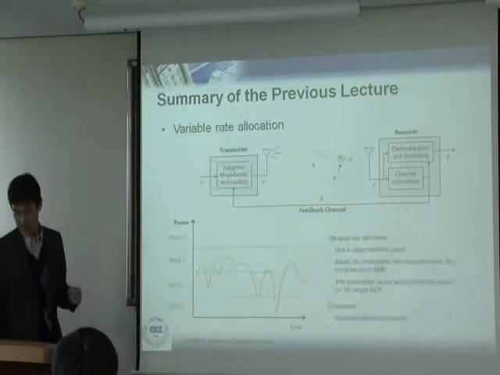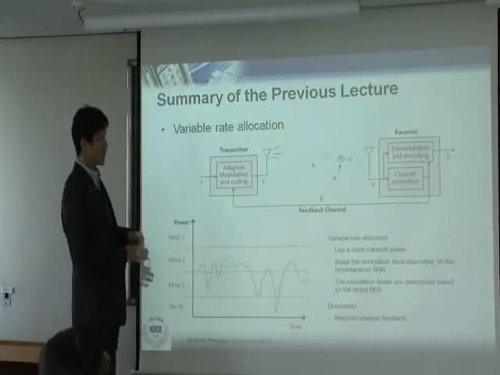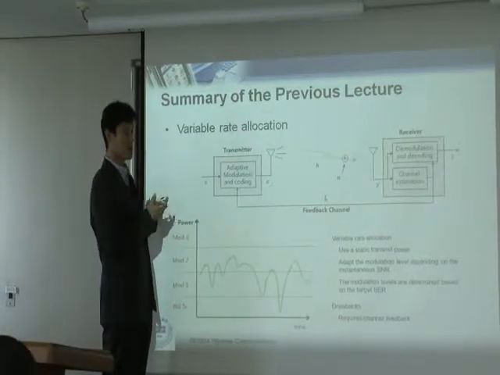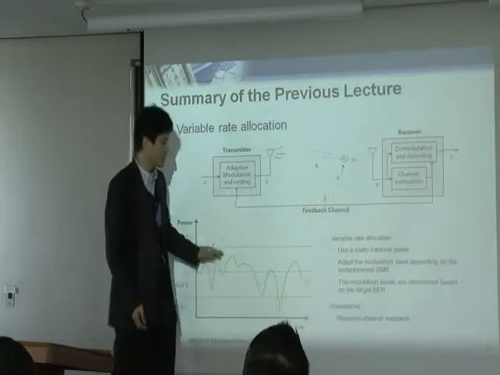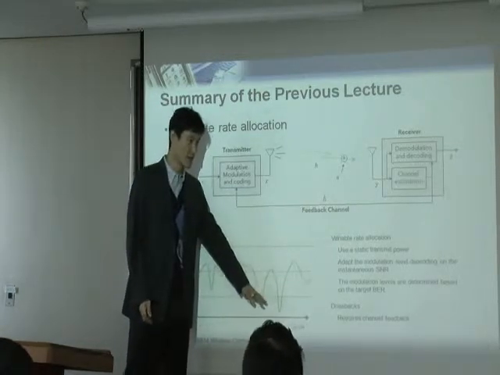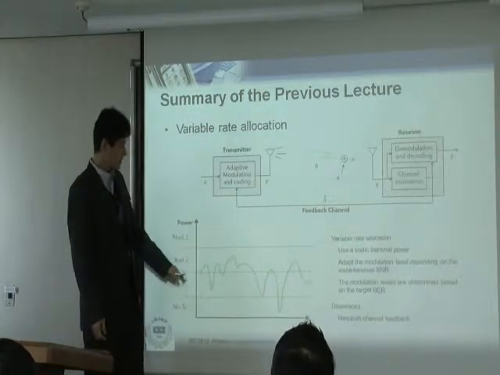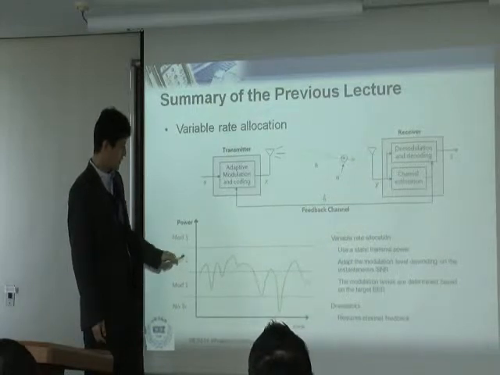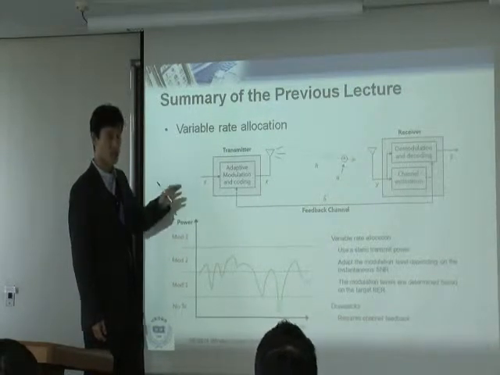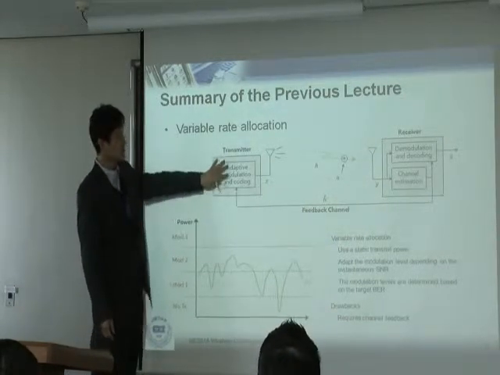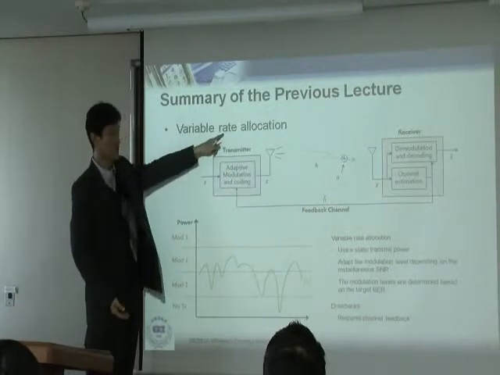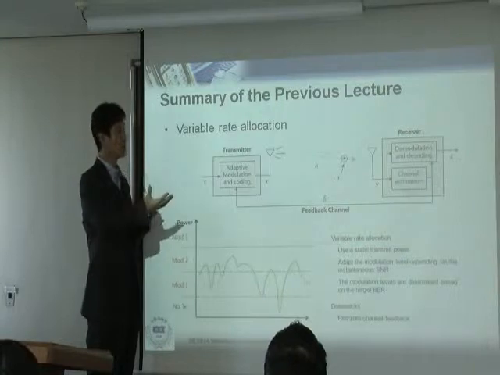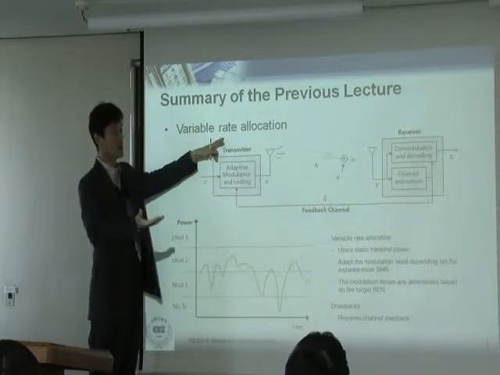In the other case, we are not trying to keep a constant BER. What that means is we are taking advantage of the variation over time. Sometimes we want to use higher modulation so that we can transmit more bits. So in that case, our goal is to transmit more bits, variable rate, so that we can increase the rate.